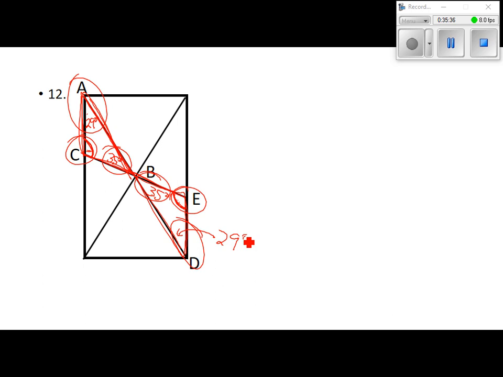Let's see what they ask us. Said find the measure of angle DEB. DEB is that angle. Well, what we can do to find that angle right there, we could have done it up here and just found this angle because they have to be the same. We have to take 29 plus 35 and we get 64.